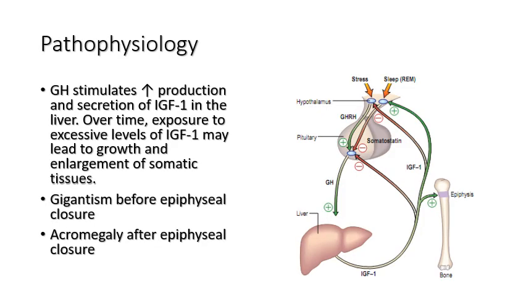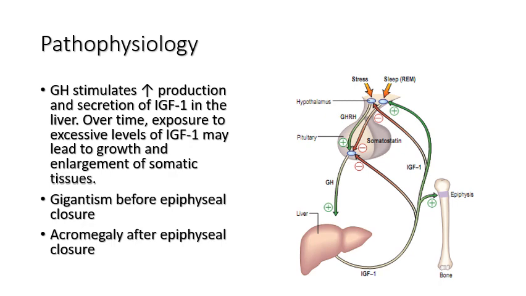What is the pathophysiology of acromegaly? When there is excess release of growth hormone, the autonomous, non-inhibited growth hormone release from the growth hormone secreting adenoma will stimulate the liver to secrete more insulin-like growth factor 1 and insulin-like growth factor 1 binding protein.